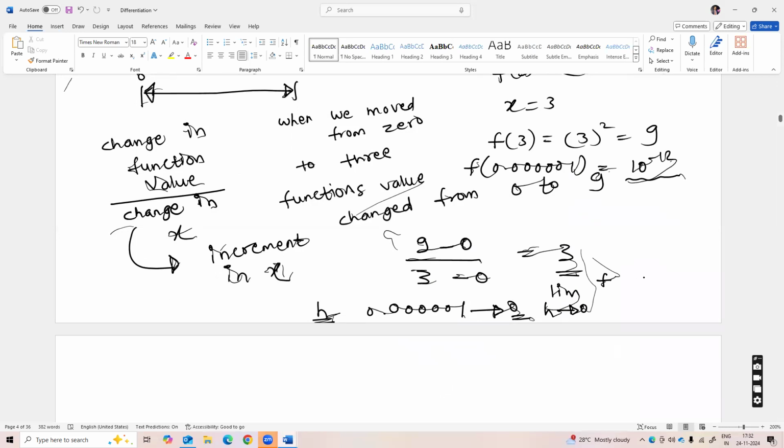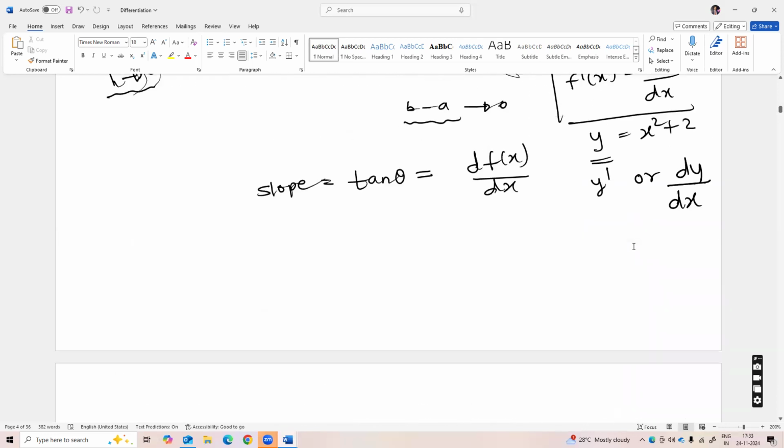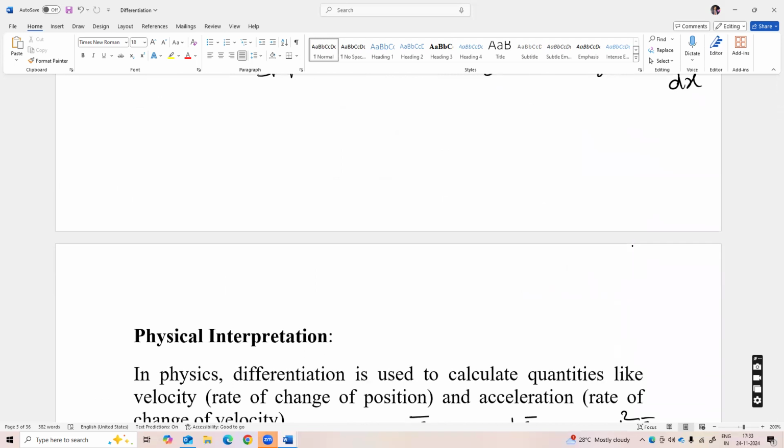So when this increment h is very small, tending to 0, let's say earlier your x was 0, therefore f of x was also 0.